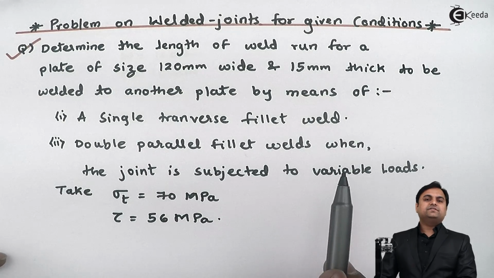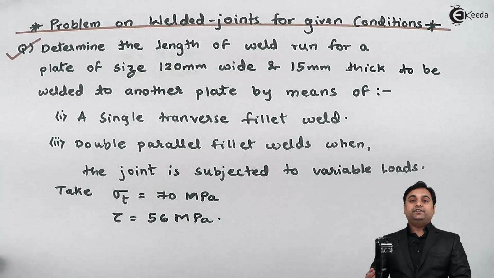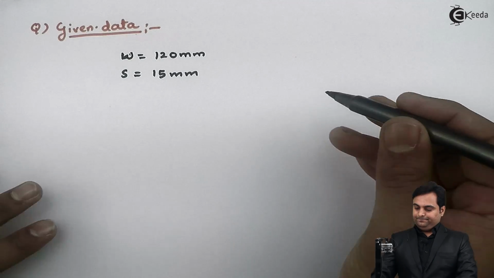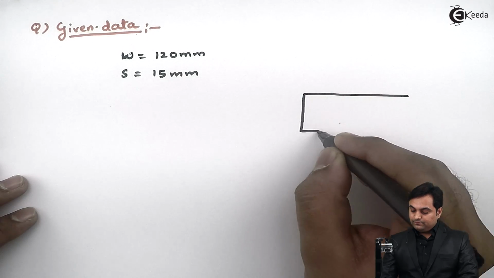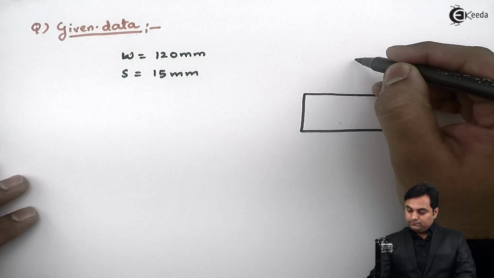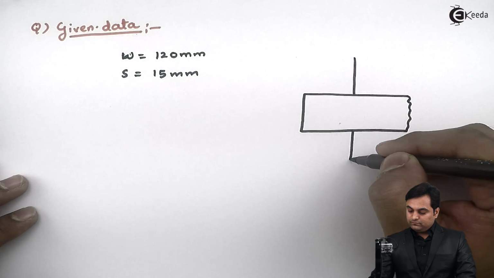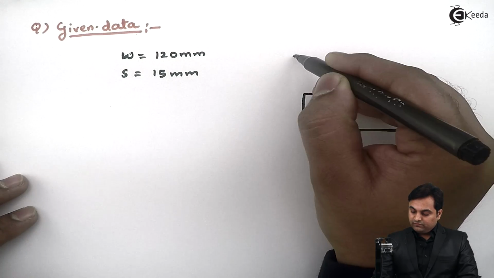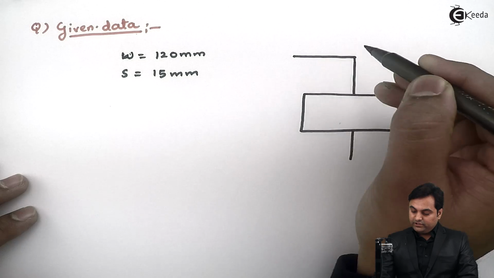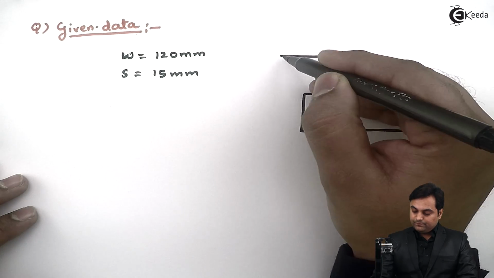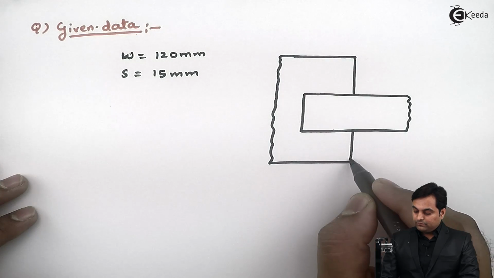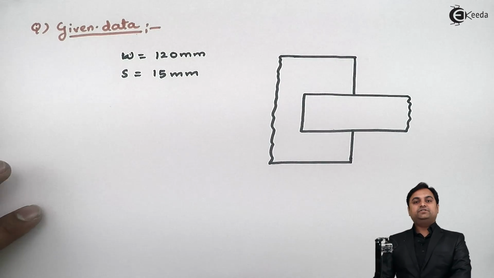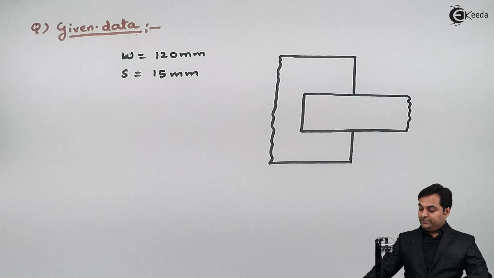So for this case here I'll explain it by drawing a diagram. Here we are having two plates, which are joined together by welded joint. Now these are the two plates. Now how they are connected?